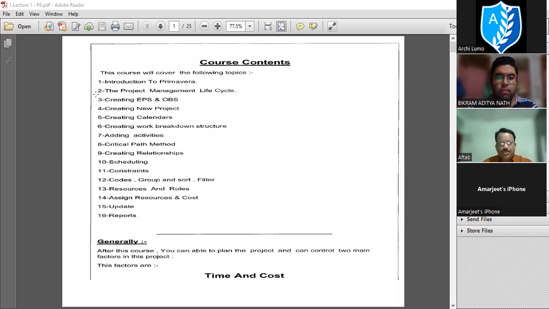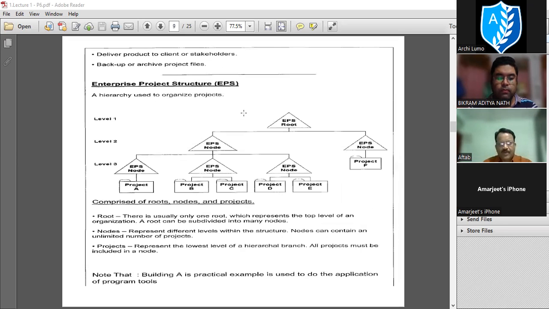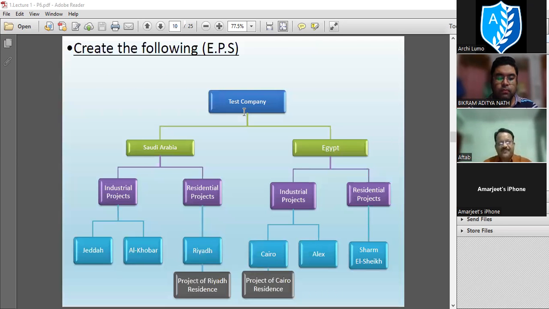I can show you. You just go through this one. See, this is the hierarchy, how it is managed, how it is charted out, the EPS hierarchy. This test company is just a company or the enterprise which is doing all these projects under these departments.